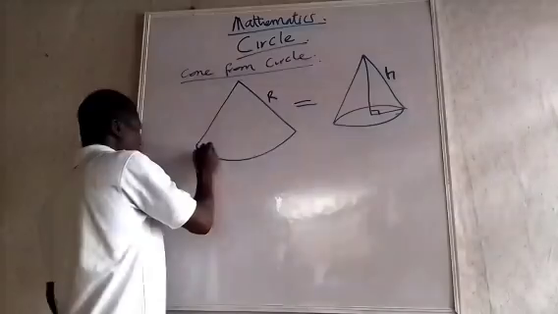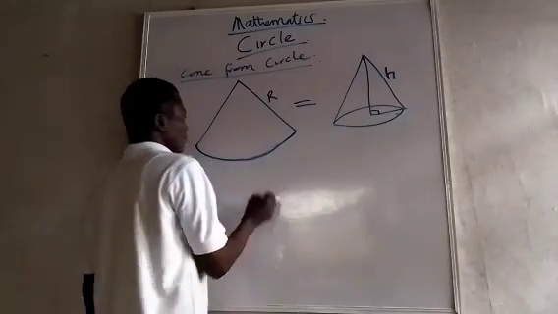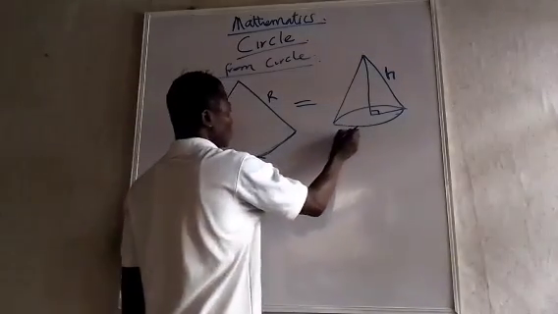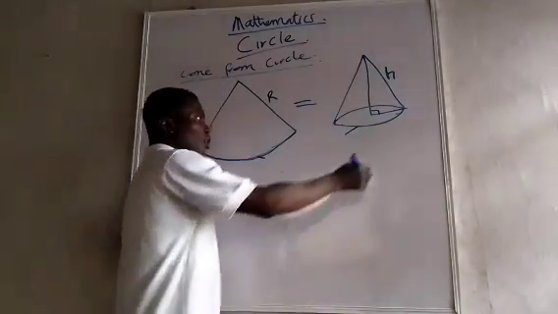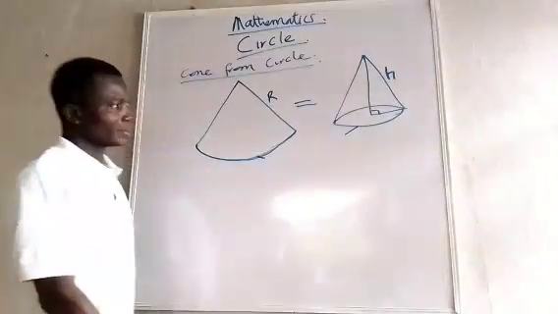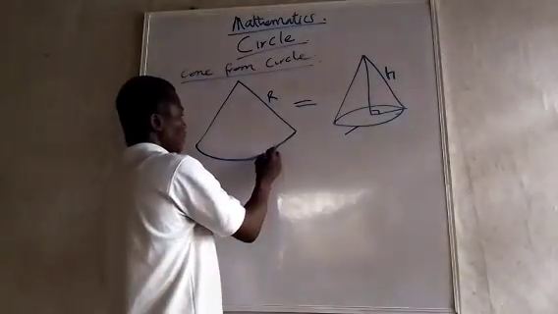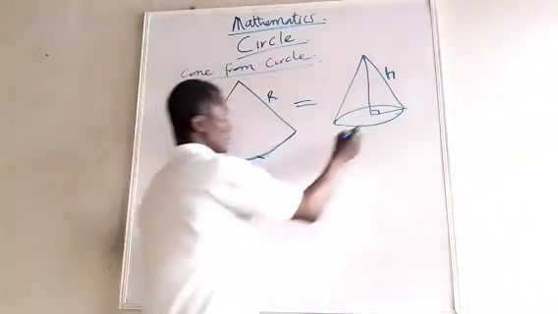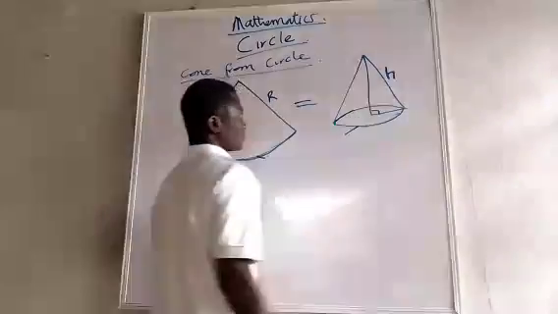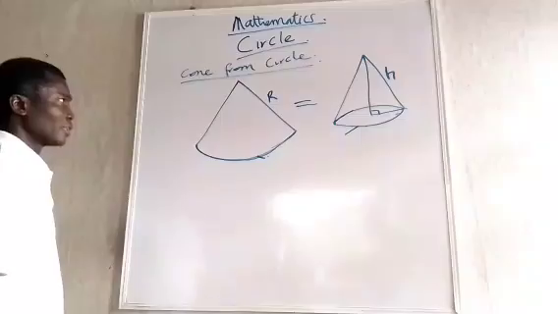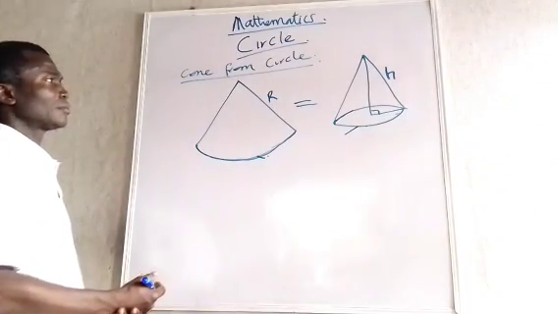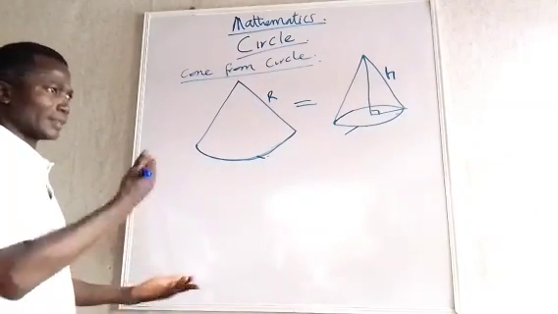This arc here will become the circumference of the circle under this, the cone. So this one here will become the circumference of this circle now. You can see. So our calculation becomes very easy and simple.